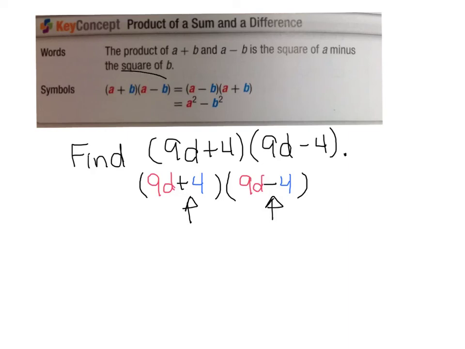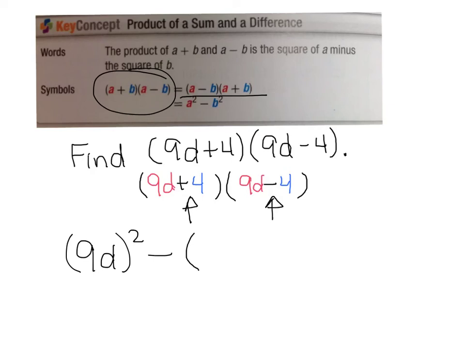Basically what this one says is that we're going to square the first one, or multiply the two terms together, 9d times 9d. And then the last term, a positive times a negative, is going to give me a negative 16.